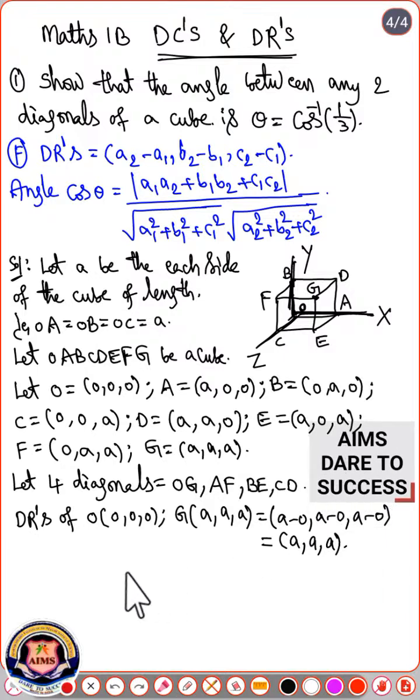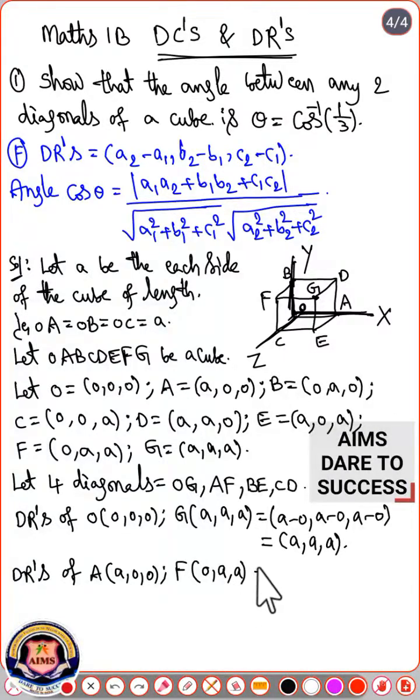Okay, my dears. So one more diagonal you can take. Direction ratio of second diagonal AF. What is A value, my dear children? A 0 0. Next F value 0 A. So direction ratio formula is just second value minus first value.